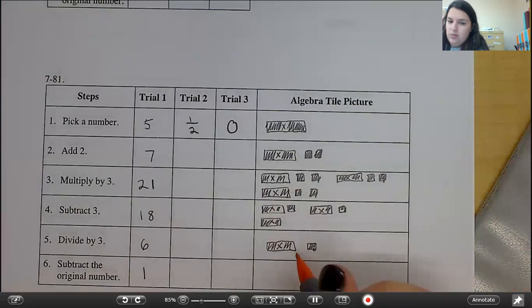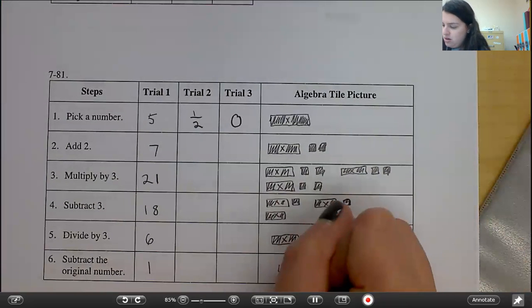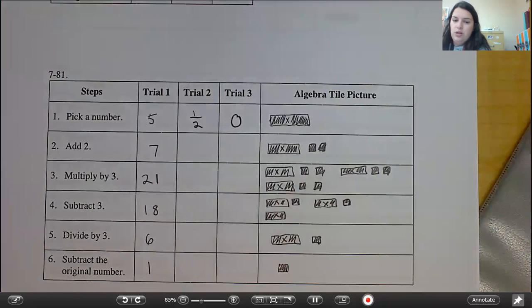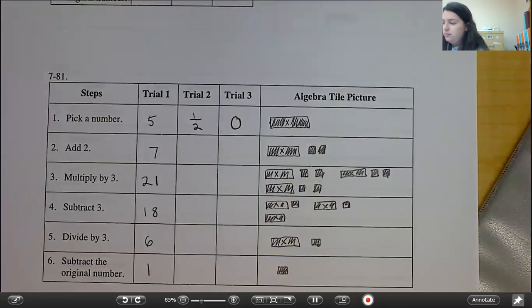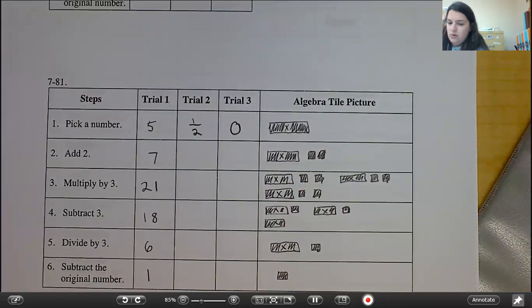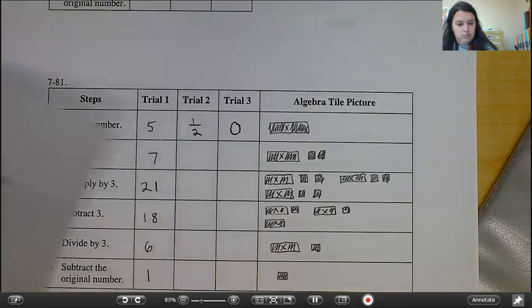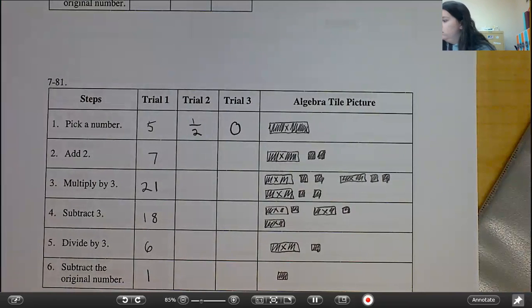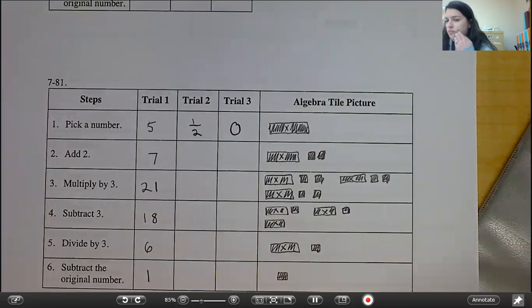And we subtract the original number, which is X, which just leaves us with 1 unit tile. Okay. So we've done part C.